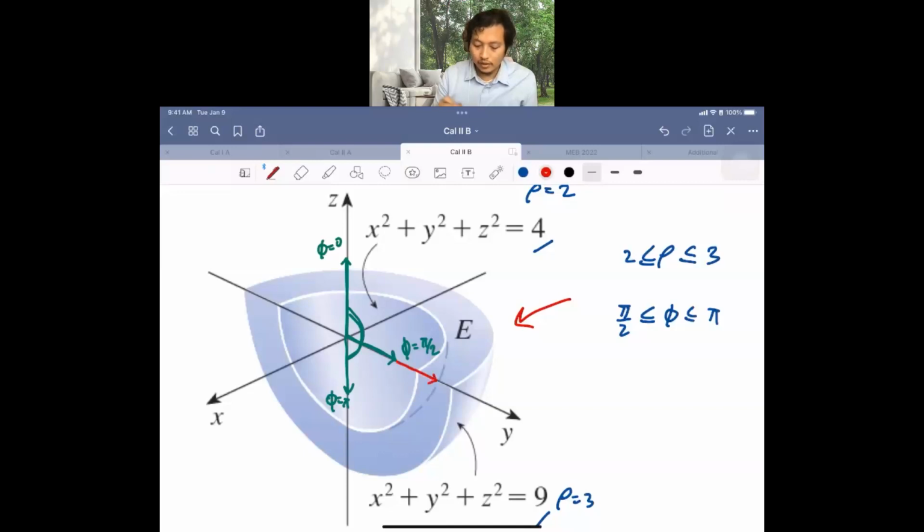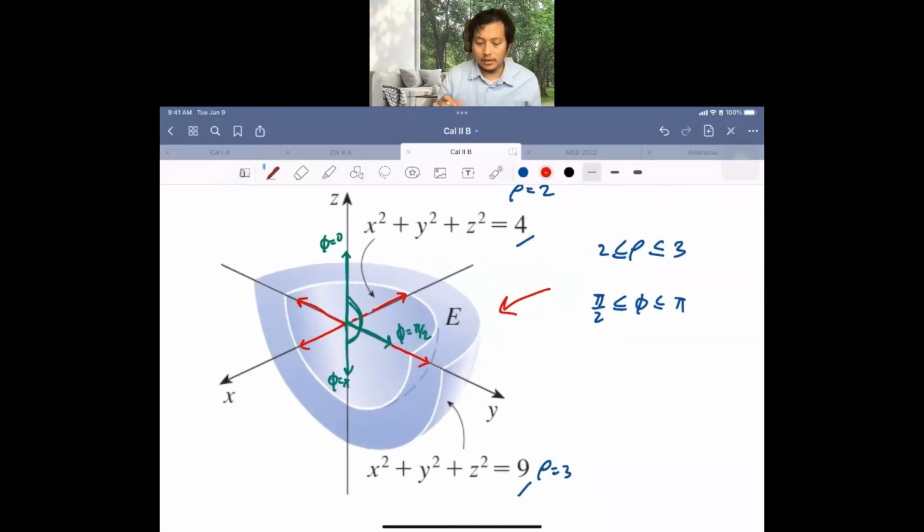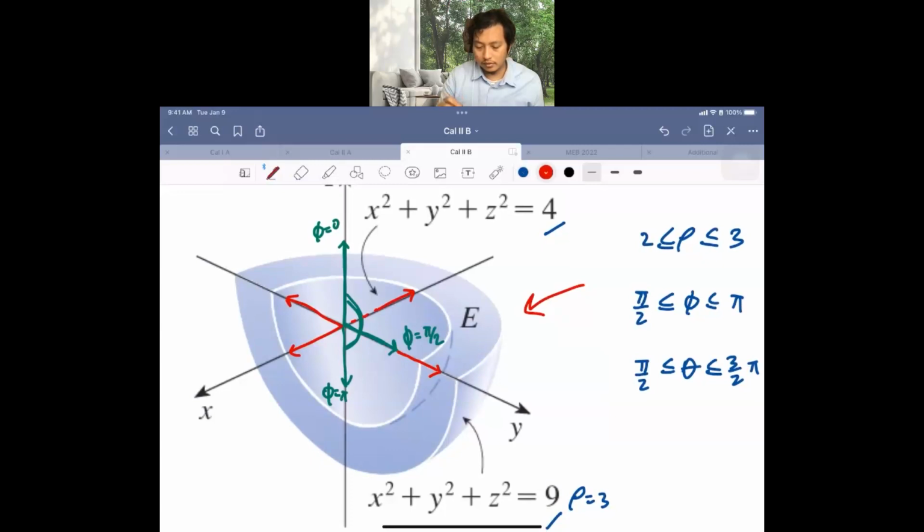So theta is supposed to be from pi over 2 to 3 over 2 pi. If you look here, this is 0.